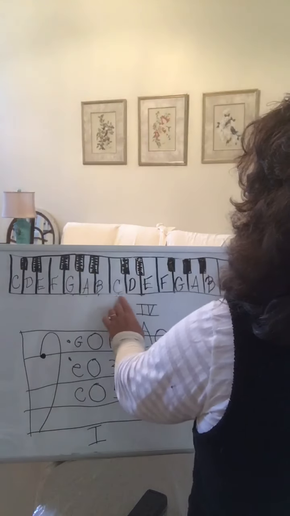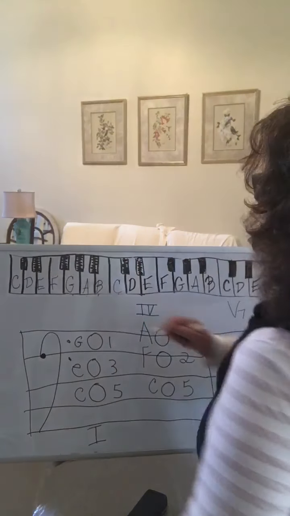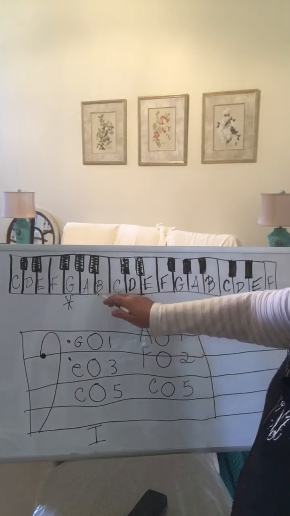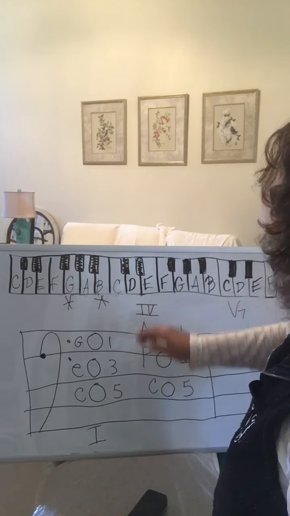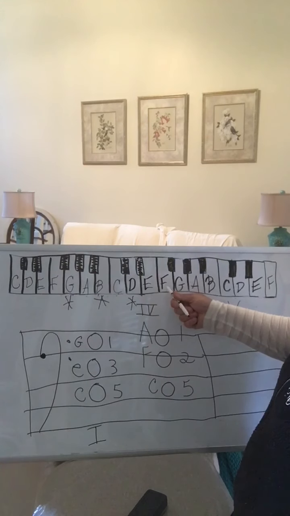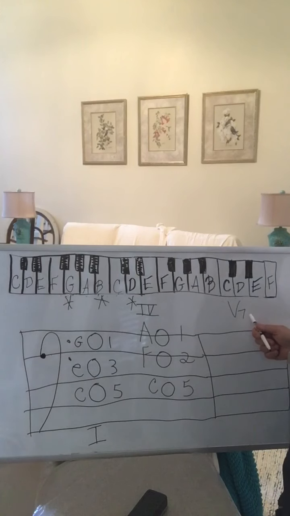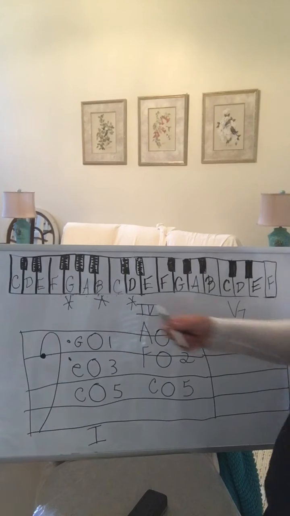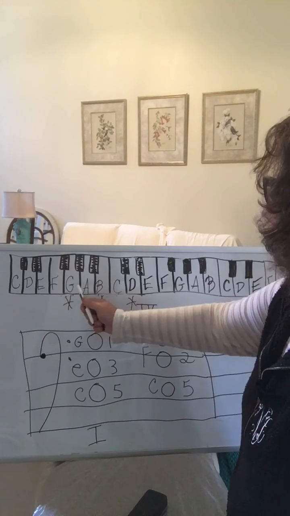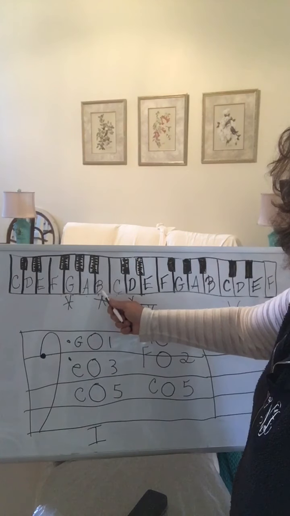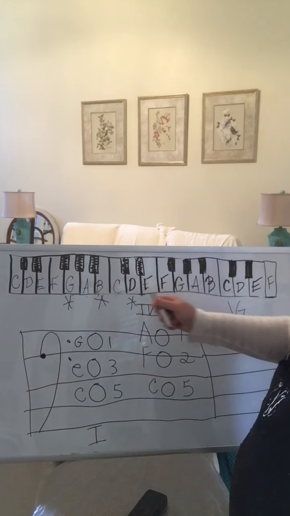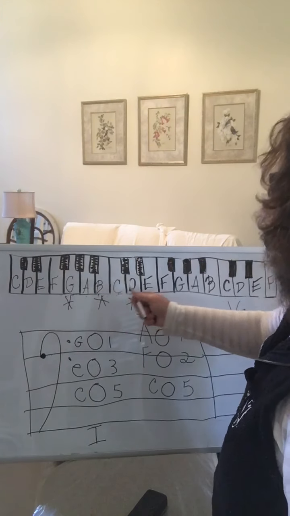Okay. So when we're skipping from G to B to D, and we said you had to skip one additional time because we're adding the 7th note of the scale. 1, 2, 3, 4, 5, 6, 7.